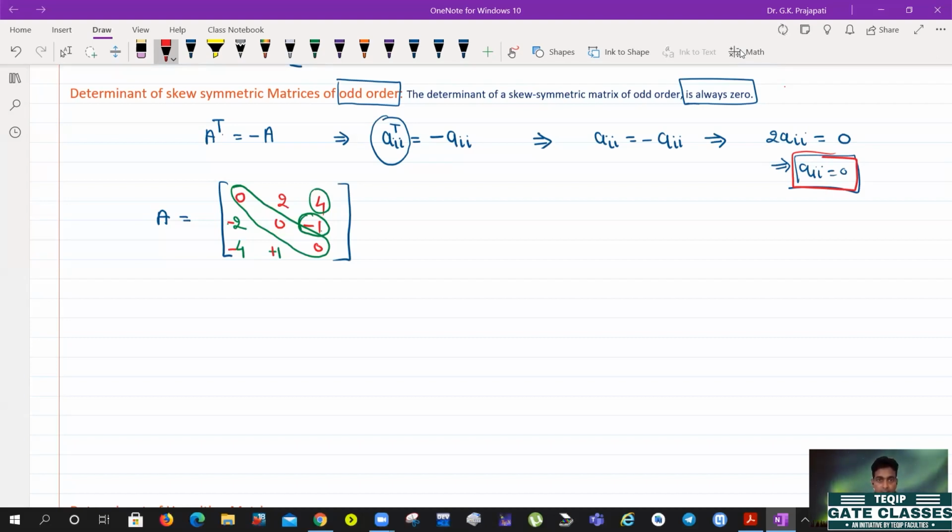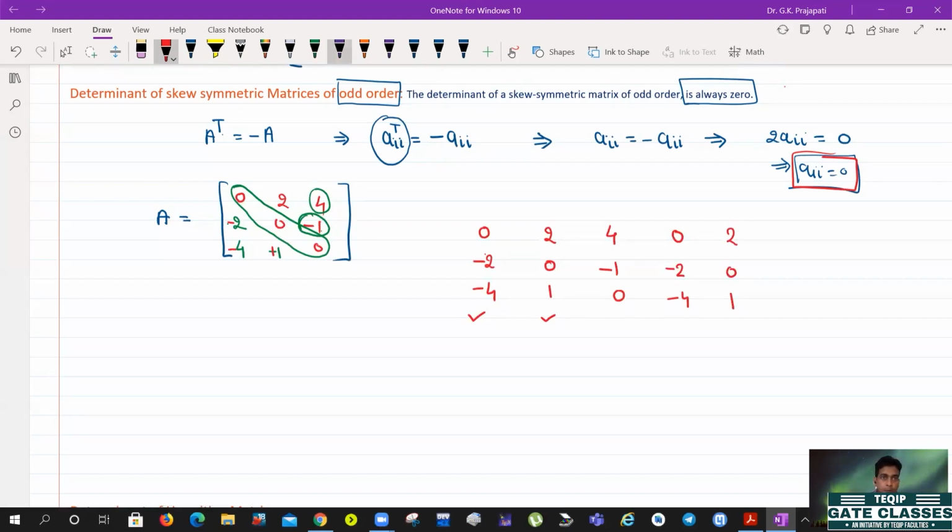By the trick we can find the determinant of this matrix. We write each row, each column: 0, -2, -4, 2, 0, 1, 4, -1, 0, and repeat the first and second columns, that is 0, -2, -4, 2, 0, and 1.